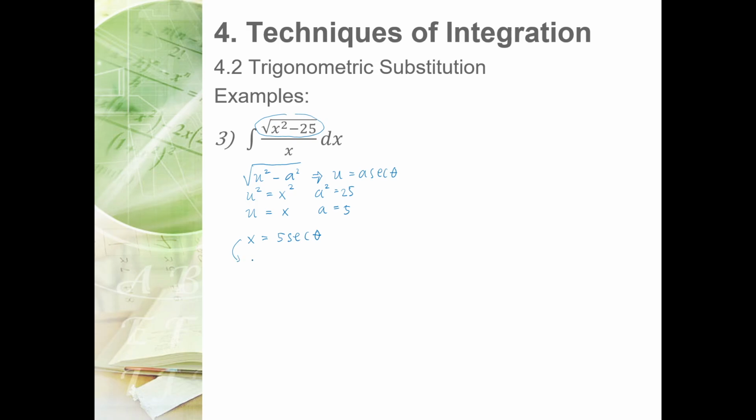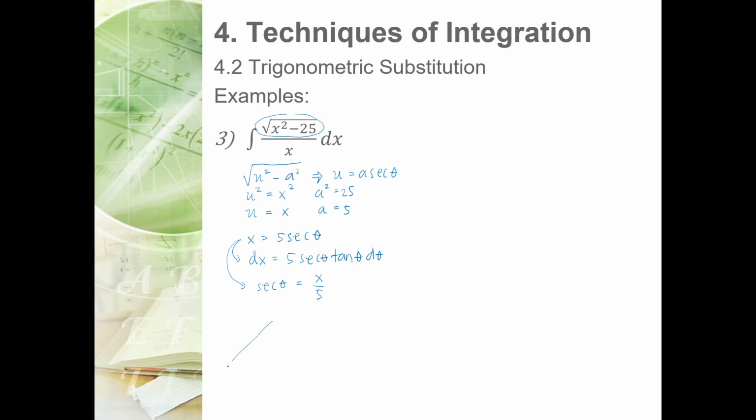So getting the derivative, dx: the derivative of secant would be secant theta tangent theta d theta. All right. Then next step is we isolate secant. So secant theta is equal to x over 5.